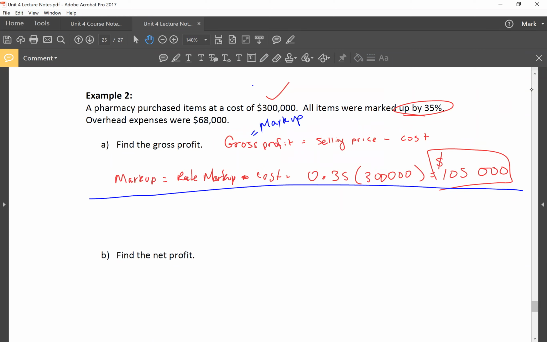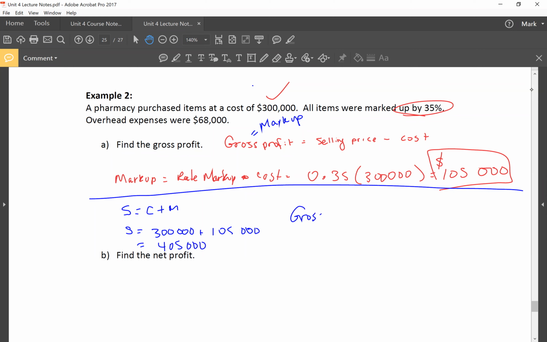So I am going to erase this in a minute, but my selling price is my cost plus my markup. So my selling price is 300,000 plus 105,000, which will give me 405,000.